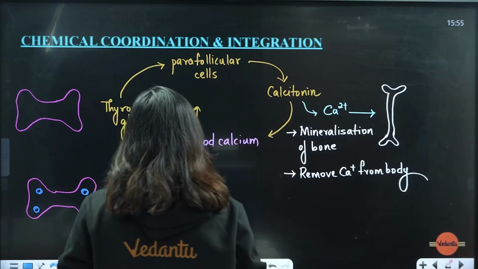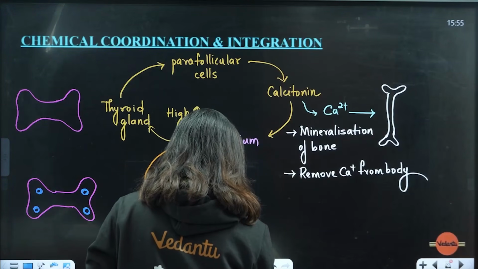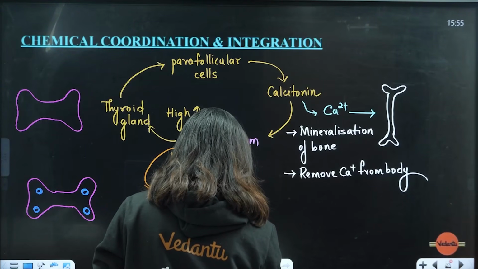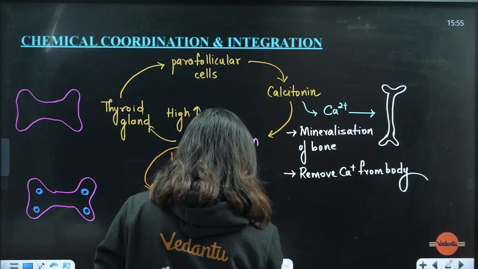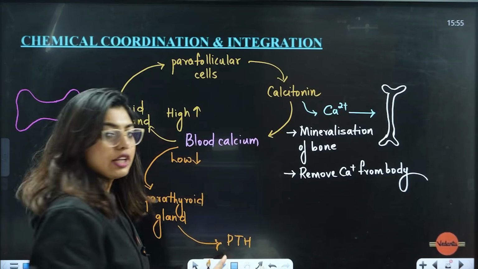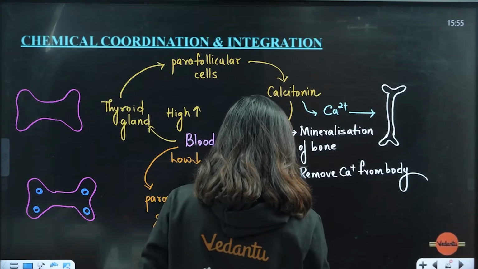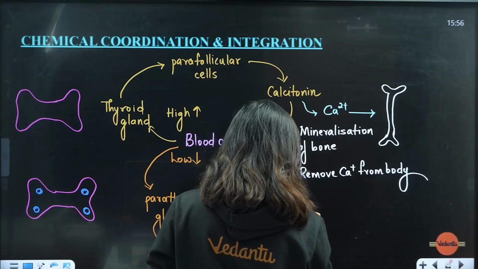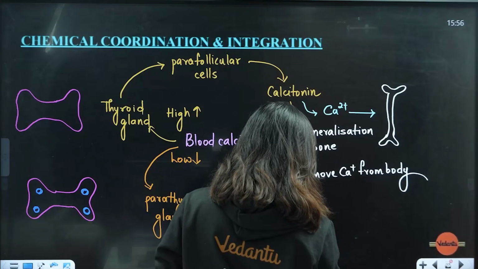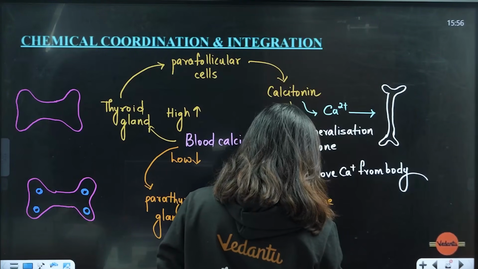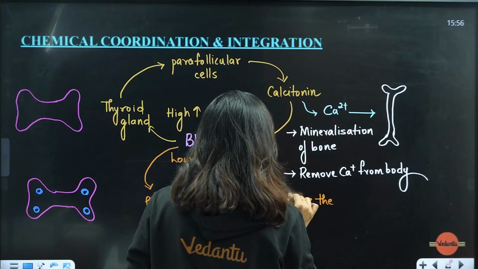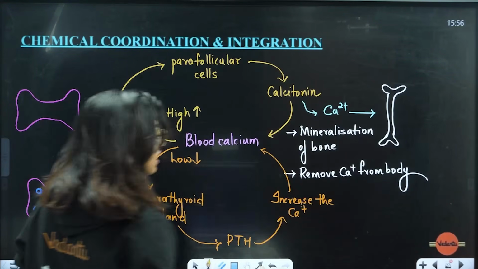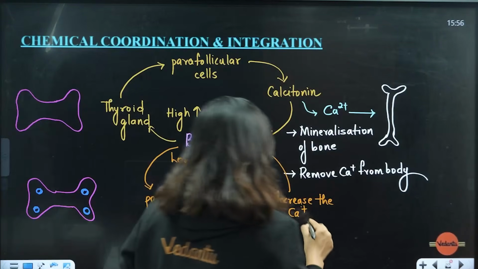Now the parathyroid will release the PTH, parathyroid hormone, and the parathyroid hormone will increase the calcium. Ma'am, how does it increase?